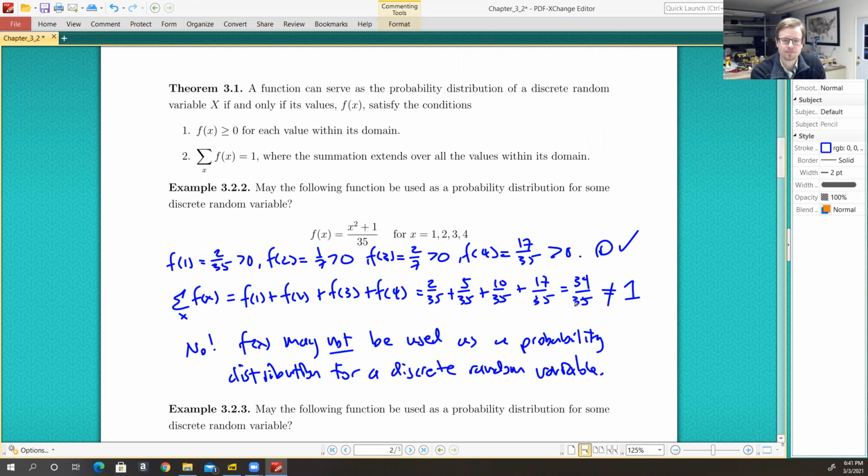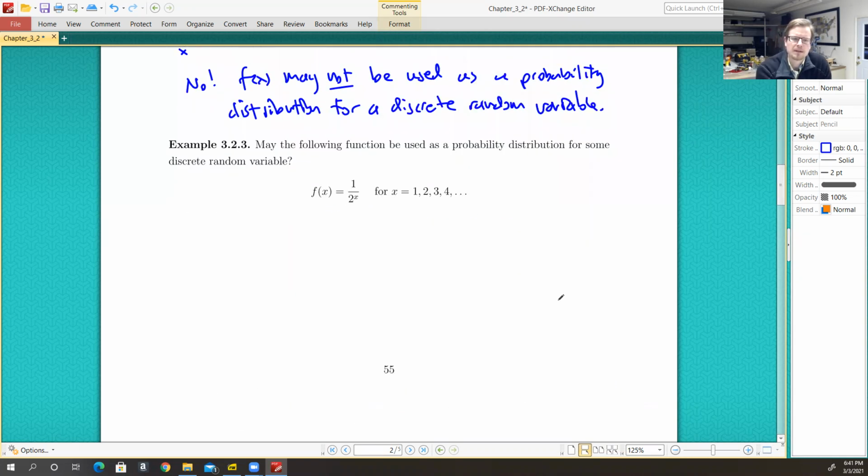Easy enough. All right. What about this function? Now this one is a little bit different. The possible values for the discrete random variable are 1, 2, 3, 4, and so on. It continues on forever. So there's an infinite number of values.